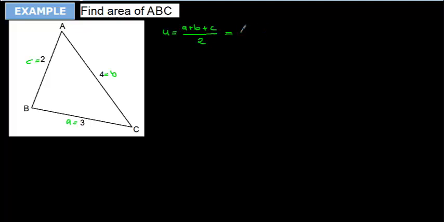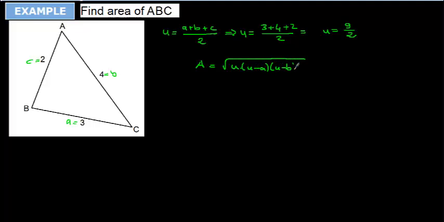That's equal to 3 plus 4 plus 2 over 2, which is u equal to 9 over 2. So Heron's formula is area equal to the square root of u times u minus a times u minus b times u minus c.